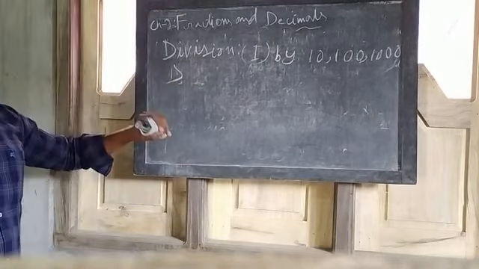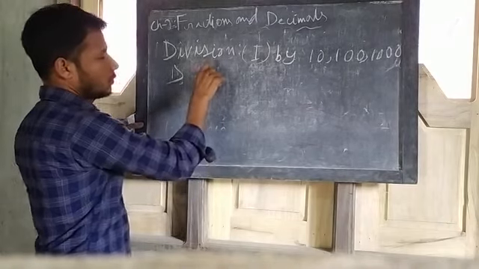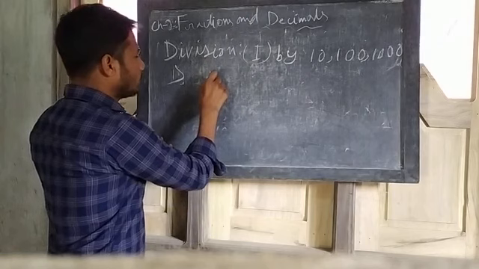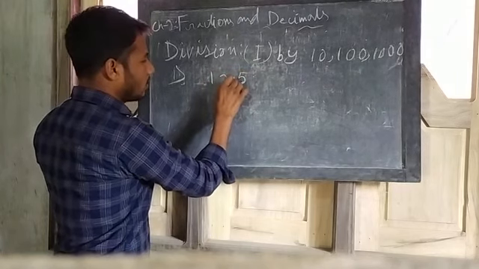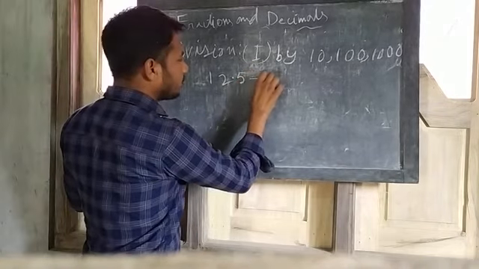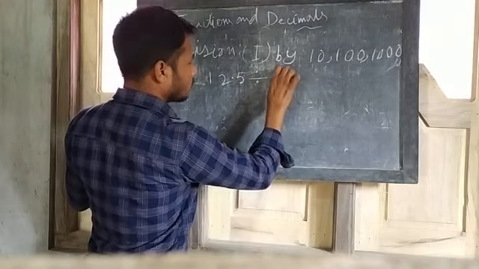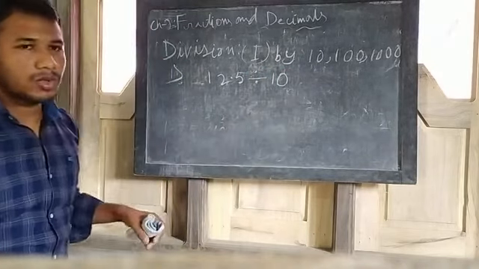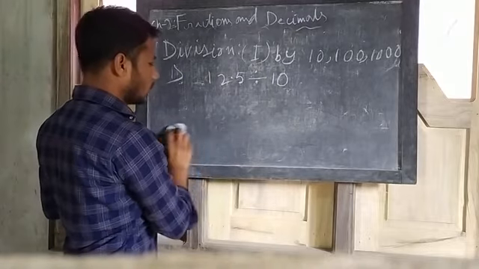See here, first example. Suppose 12.5 and we have to divide by 10.